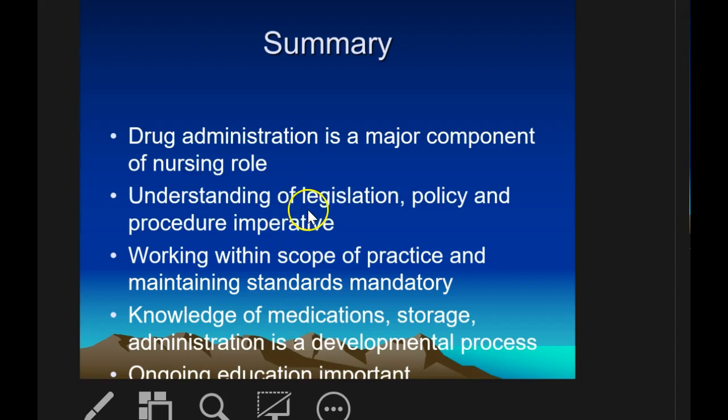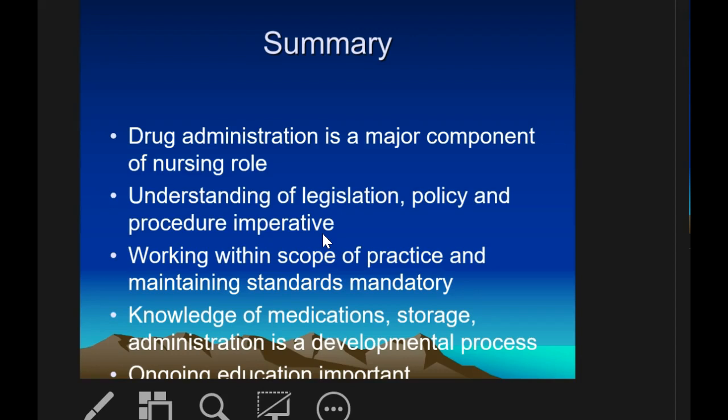And just in summary, drug administration is a major component of the nursing role. Understanding of legislation, policy and procedure is imperative. Working within your scope of practice is very, very important.